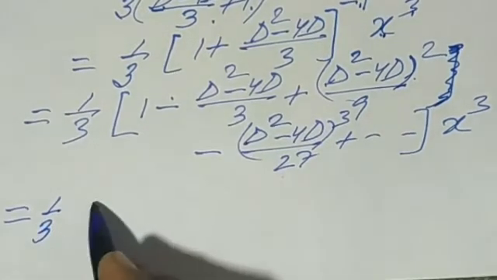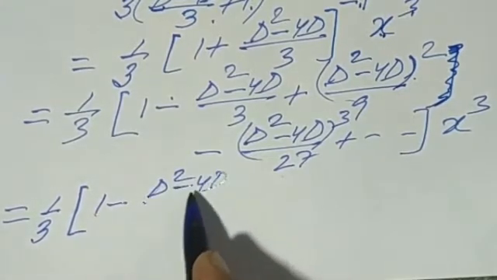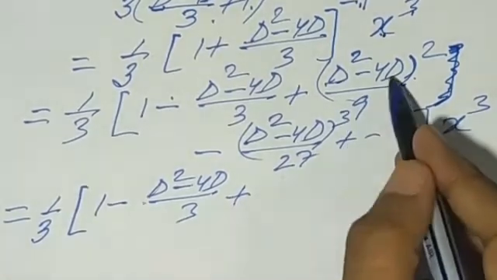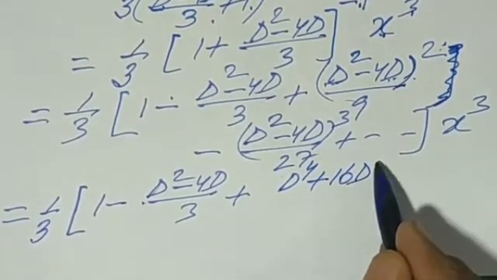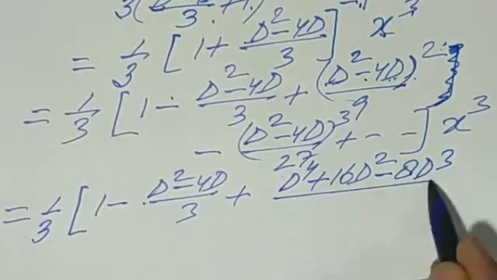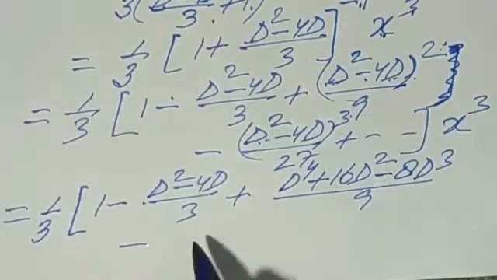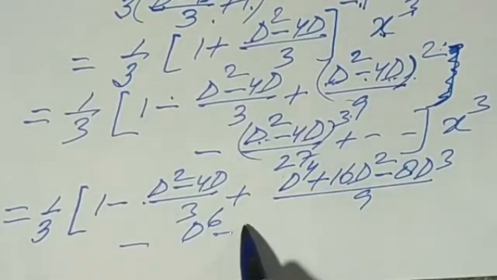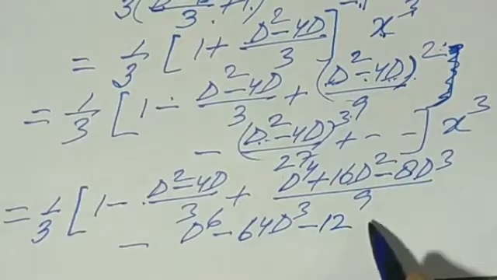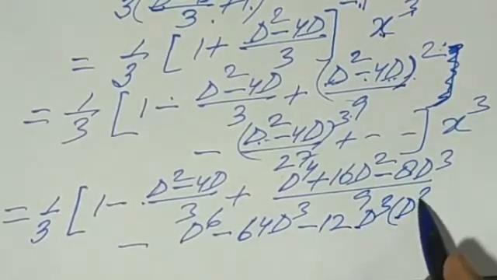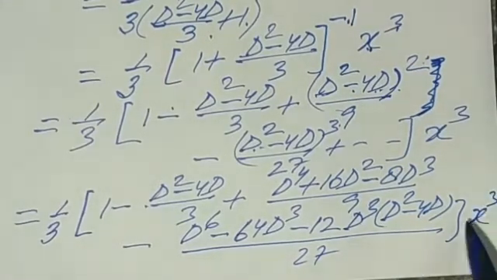Simplifying, we get 1 upon 3, 1 minus D square minus 4D upon 3 plus, expanding this by a minus b whole square, we get D raised to the power 4 plus 16D square minus 8D cube upon 9, and minus, expanding this by a minus b whole cube, we get D raised to the power 6 minus 64D cube minus 12D cube, D square minus 4D, on 27, x cube.